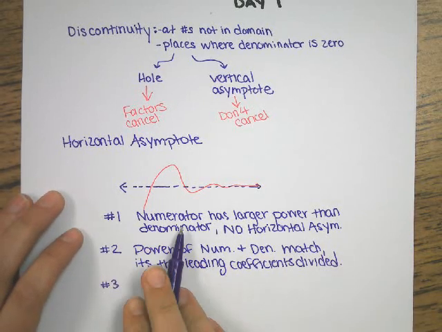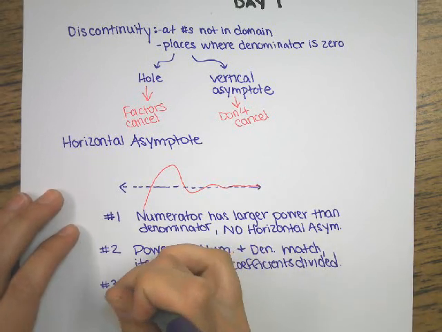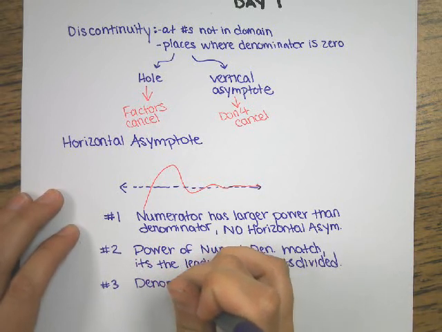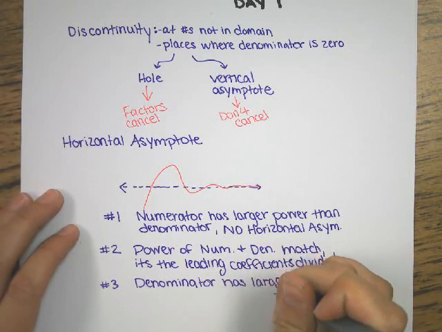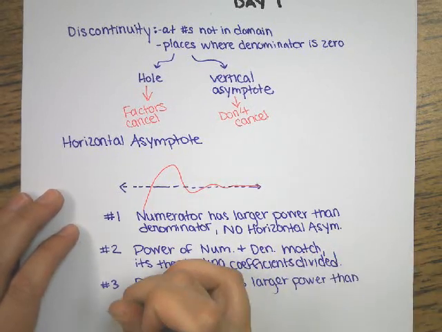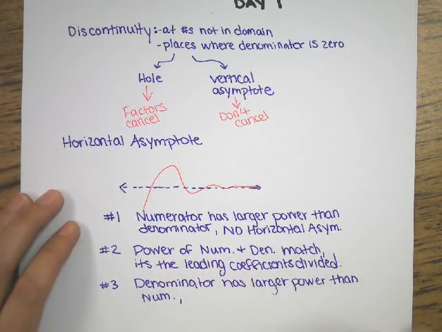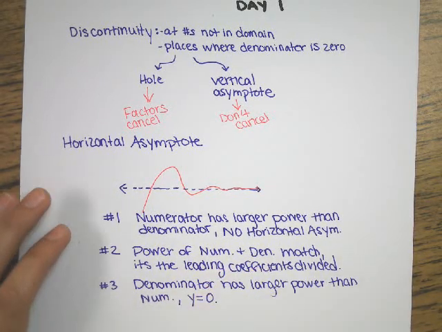So far we've covered if the numerator has a larger power and if they have the same power, and the last one is if the denominator has a larger power. If the denominator has a larger power than the numerator, then it has a horizontal asymptote at y equals 0.